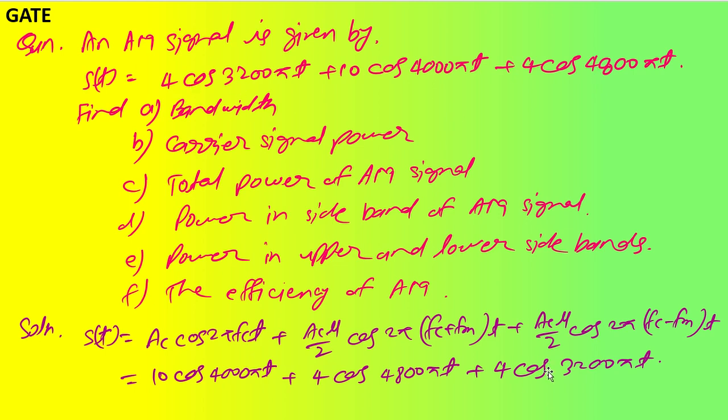The minimum will be 4 cos 3200, this one, and the maximum will be 4 cos 4800, the last one, and the carrier signal is the middle one. Since you have found this terminology, now you have all the parameters that you can write down. So I have written it for you.